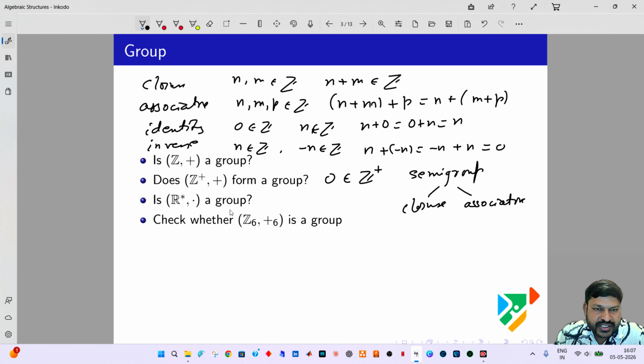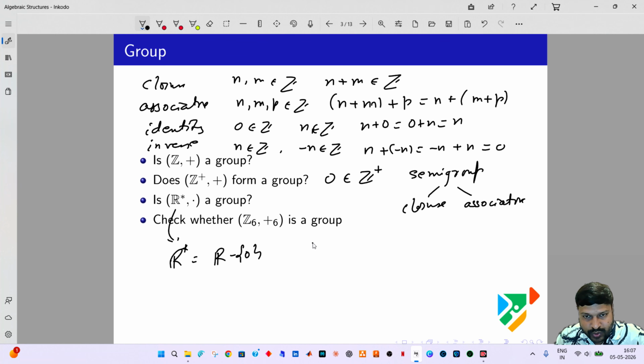Next, R star with respect to multiplication. What is R star? You remove 0 from the real numbers and all the remaining numbers belong to R star. With respect to multiplication, does it form a group? You can verify. Does it have the closure property?